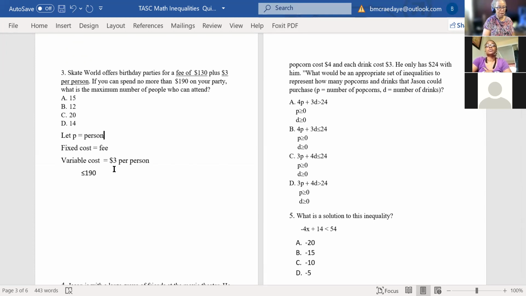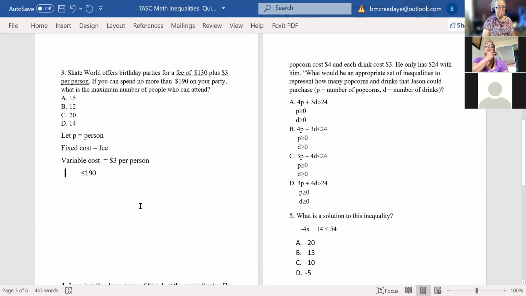Remember, it's the sum of your variable costs plus your fixed costs. Give me your variable costs in terms of P, and then give me your fixed costs, which is the fee. So what would this look like on the left side?